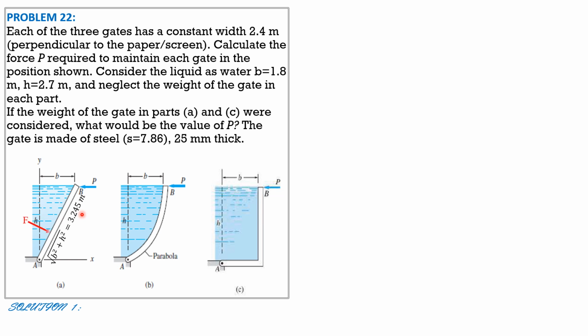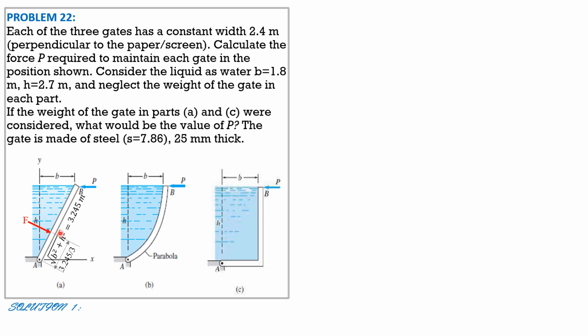So F is perpendicular to the plane, and because the pressure at the top is 0 and the pressure distribution is triangular, the distance of F from A is 1/3 of 3.245 meters.